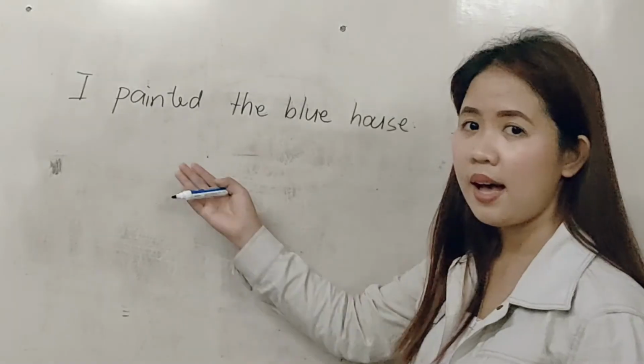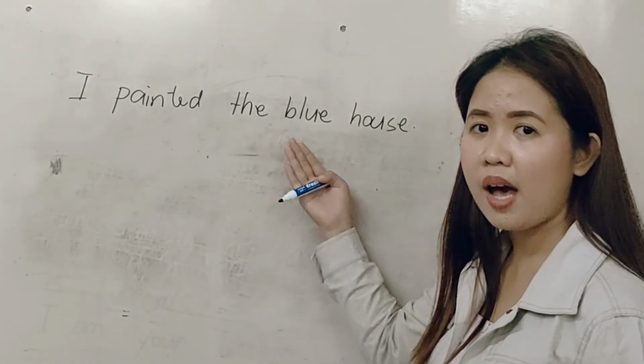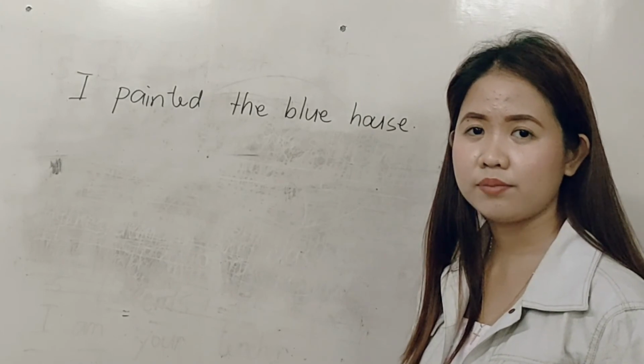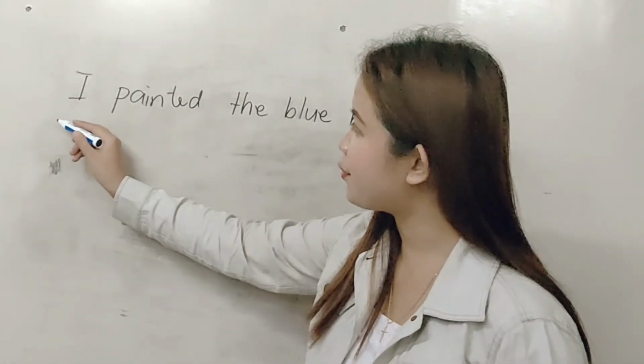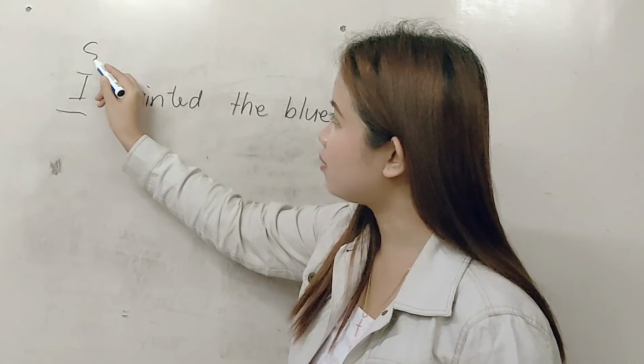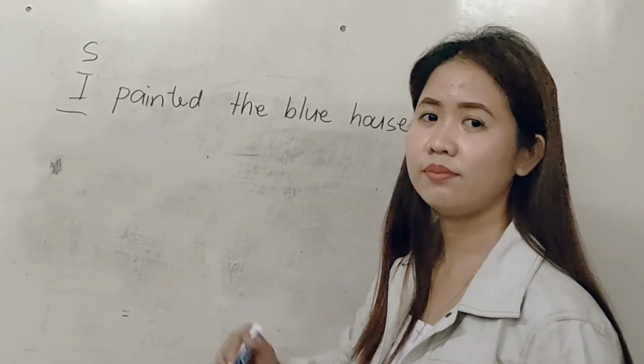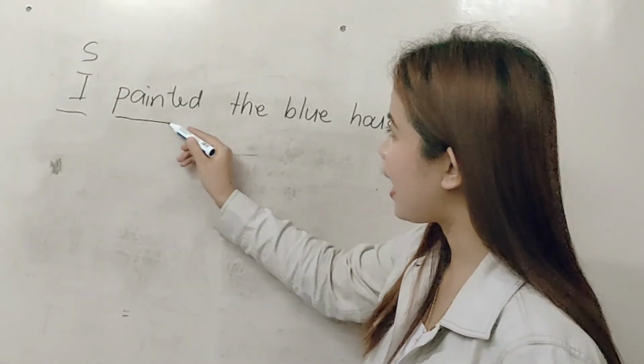I'm going to give you sentences and you're going to analyze to which pattern the sentences belong to. I painted the blue house. What is the pattern? We have subject, which is I, painted as the verb.